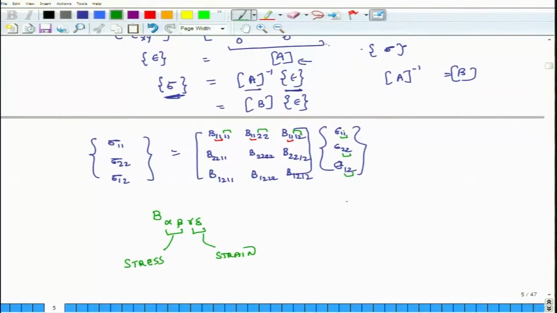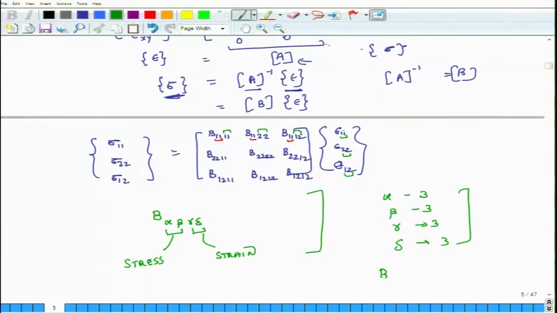So, in that case they have two sets of values, but for a 3-dimensional system, if the material is not isotropic, alpha can have 3 values, beta can have 3 values, gamma can have 3 values, and delta can have 3 values, right.